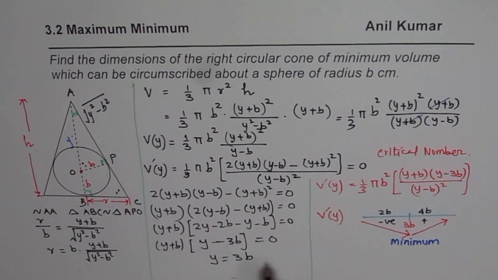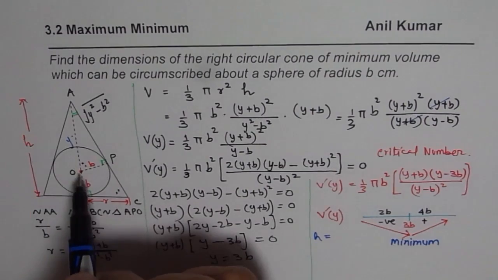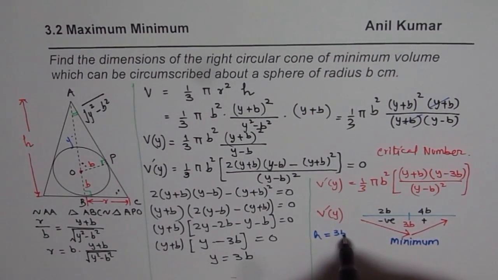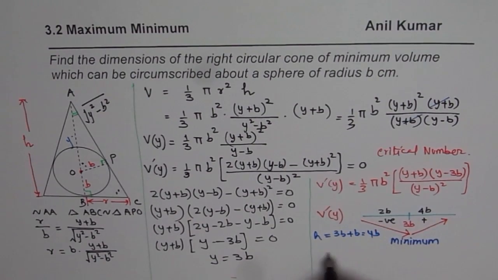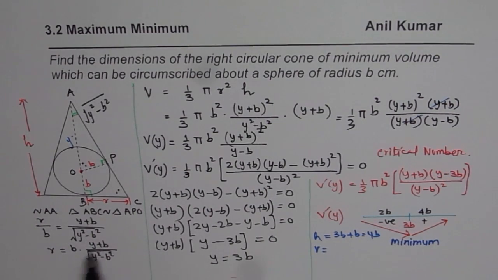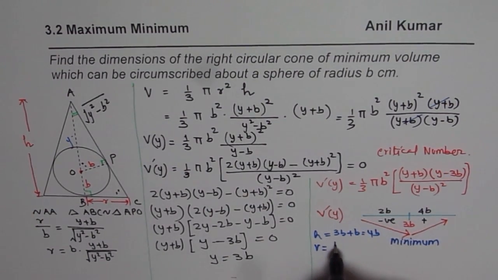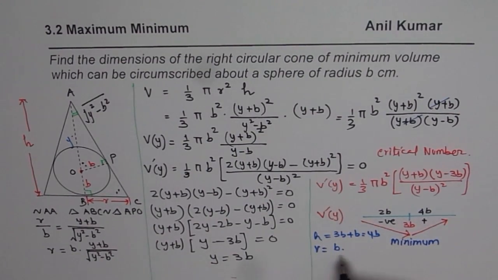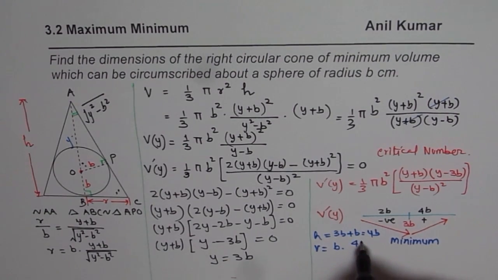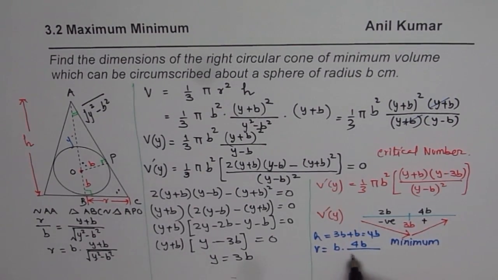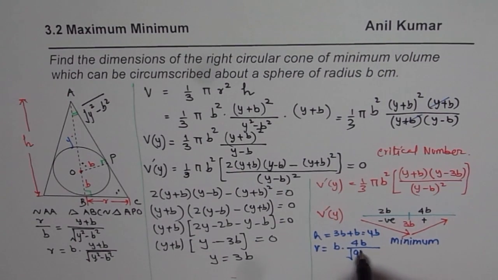So in general, we have a solution here that y equals 3b means height is equal to 3b plus b, which is 4b, and the radius r is equal to, we'll write 3b here, so we get r equals b times (3b plus b is 4b), right? So we get 4b in the numerator divided by the square root of 9b square minus b square. Do you get the idea?